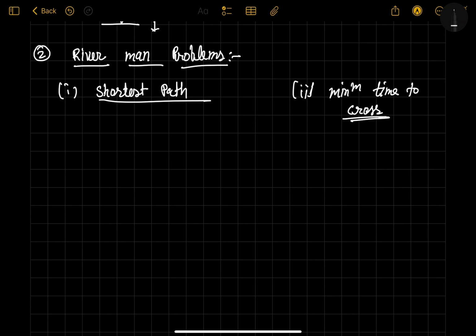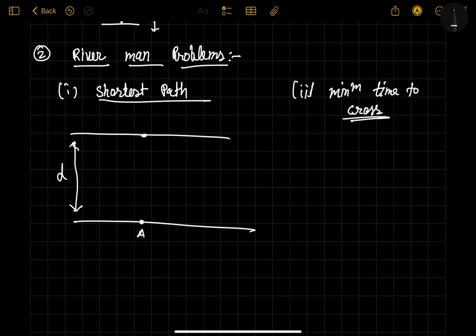Here, suppose this is the river with a width d. If a person wants to cross this river with the shortest path, that means if he starts from point A, for the shortest path he should reach point B. Suppose the river is flowing in this direction with velocity vr, the river velocity.